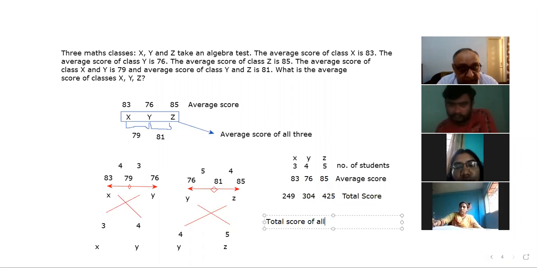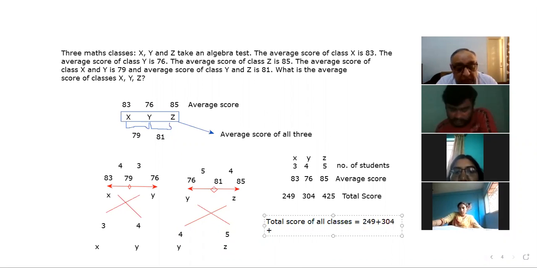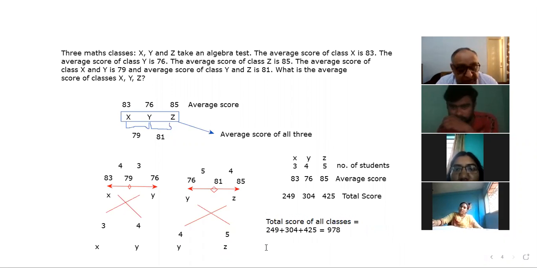So that is equal to 249 plus 304 plus 425. So that is equal to what was there? 978, same number. Okay, so average is 978 divided by 12. That is the average.